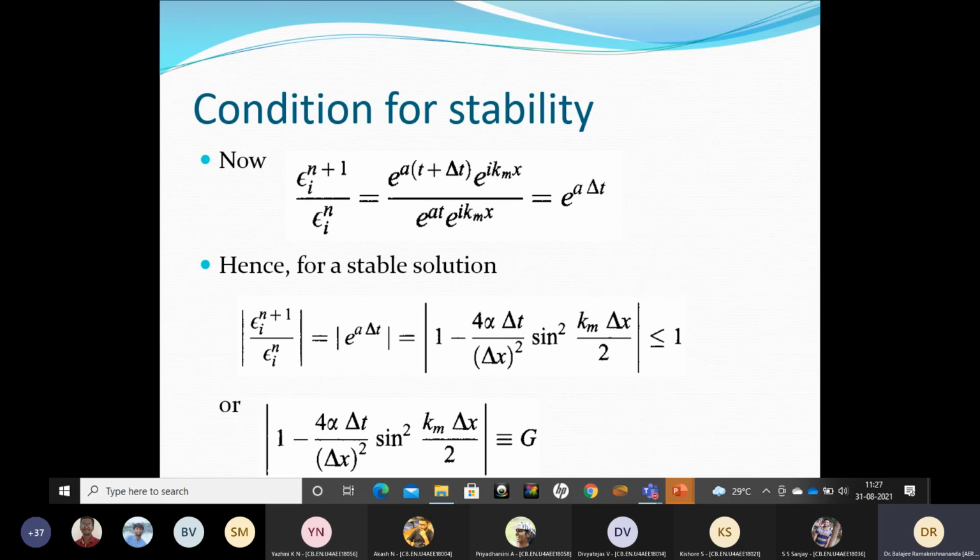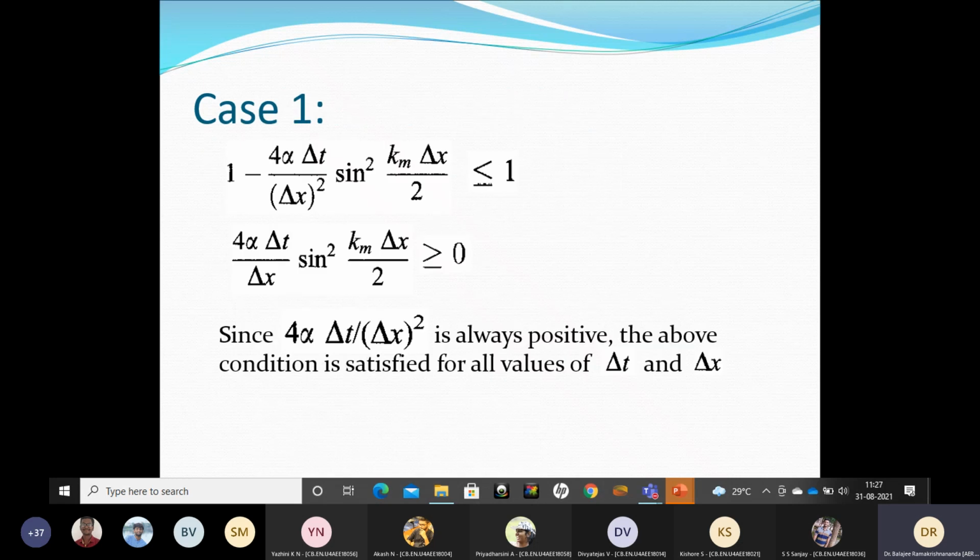Now for this to be stable, the modulus of this error should be less than or equal to 1. You can also call this whole term g. If modulus is less than or equal to 1, either whatever is inside the bracket should be less than 1, or the negative of that should be greater than minus 1. We'll look at these two cases now.